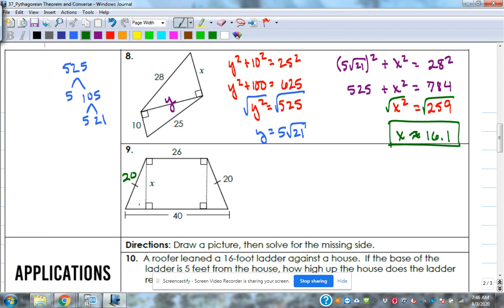So that's going to cut off the same amount on each end. So that means this is 26 as well. So how much is left on each end? So 40 minus 26 would be 14. But it's 14 total, so that would mean that each of those is going to be 7 apiece.